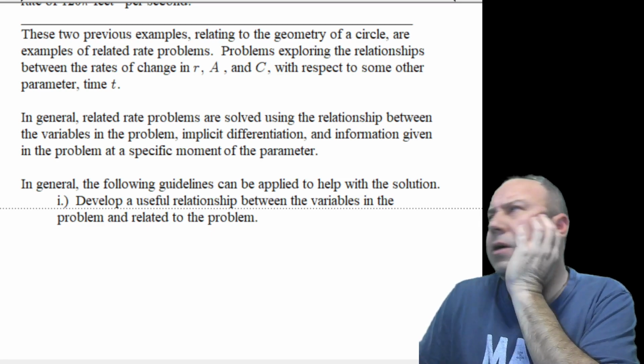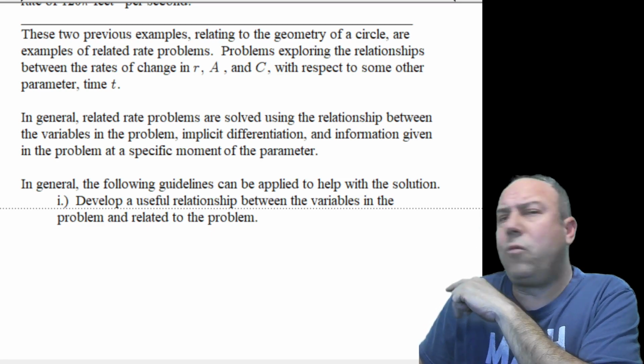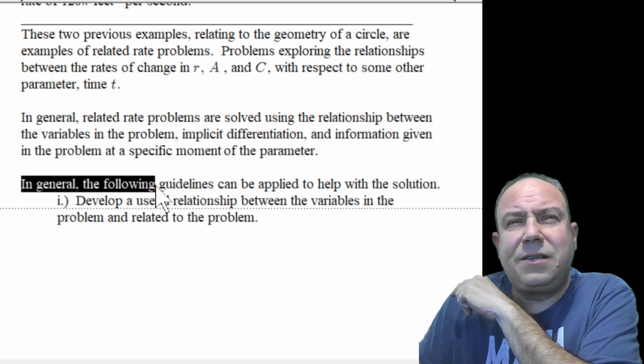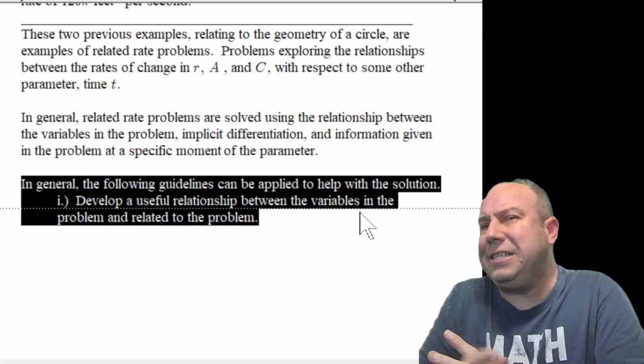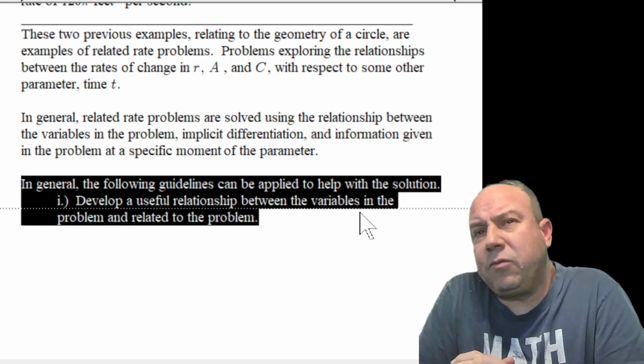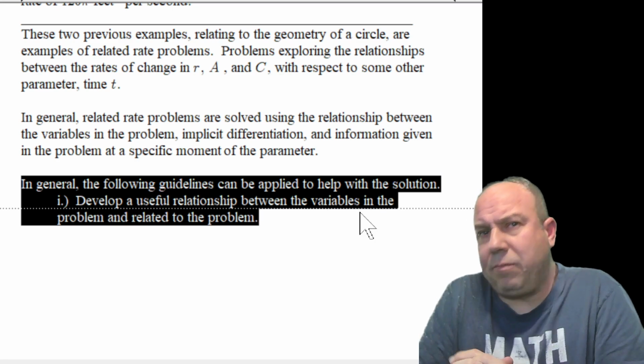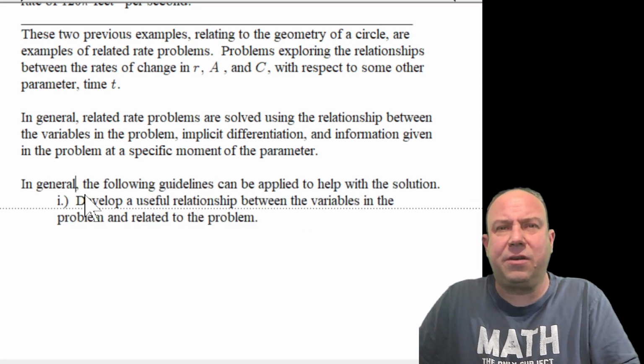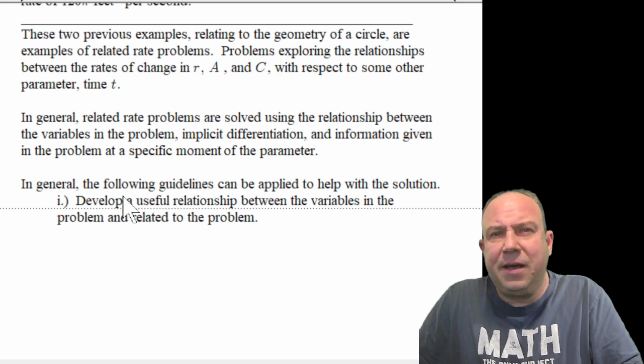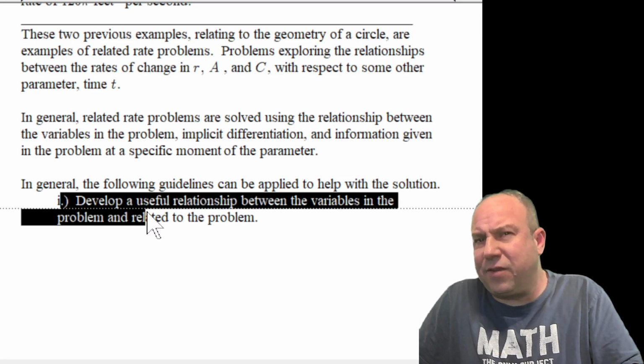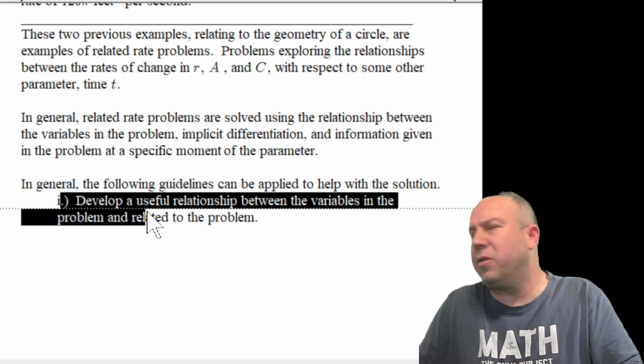We were looking at developing some general guidelines for solving related rate problems. And one thing I did notice here is, I'm going to fix this. The first guideline I say here is develop a useful relationship between the variables in the problem.